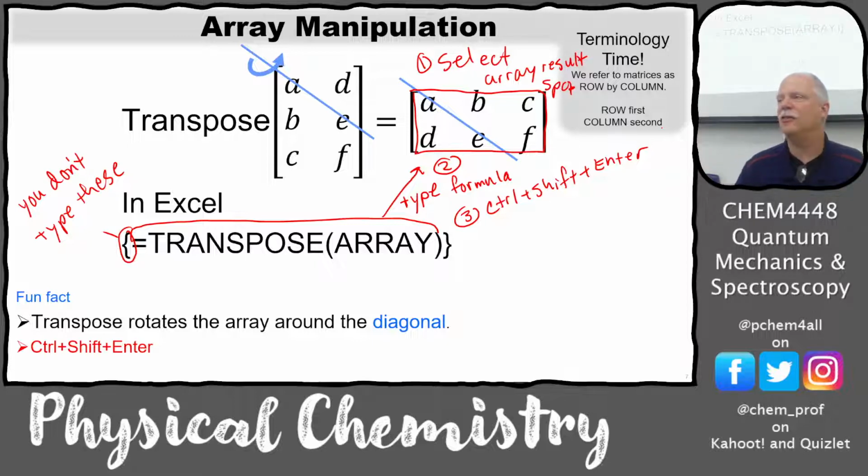If you don't hit Control-Shift-Enter, Excel will say, hey, you're trying to enter an array formula. And to do that, you need to hit Control-Shift-Enter. So it'll give you a prompt. And so you type this formula, but you select this array here. You select that.